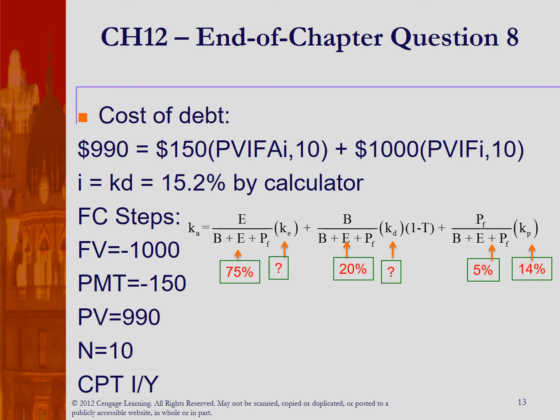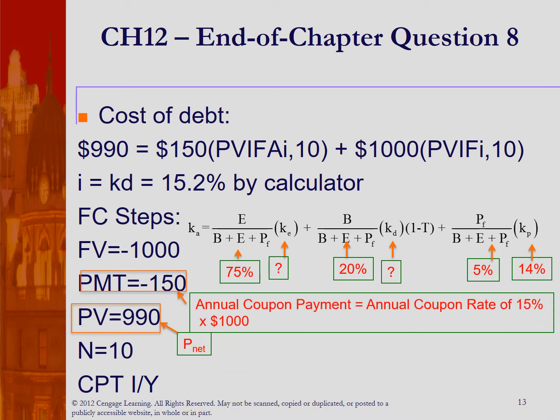We have the present value equal to net proceeds to eWin, $990, payment equal to annual coupon payment $150, calculated by annual coupon rate of 15% times the face value of the bond $1,000, a cash outflow.